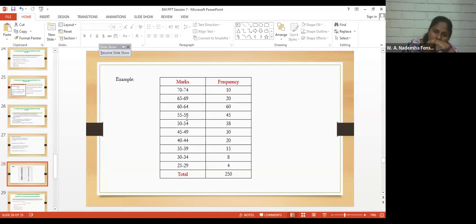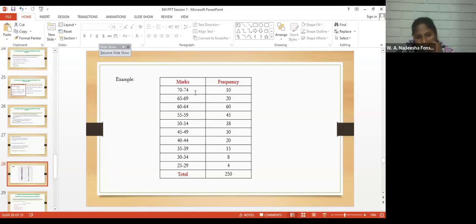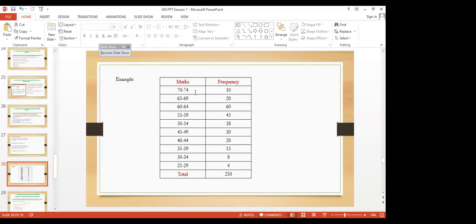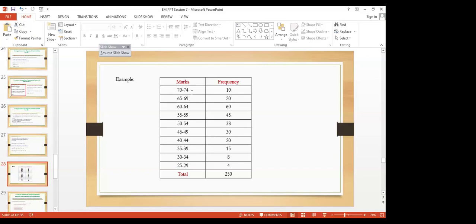By looking at this class interval, tell me what is the width of the class? 5. Yes, 5. 74 minus 70 is 4. 4 plus 1 is 5.